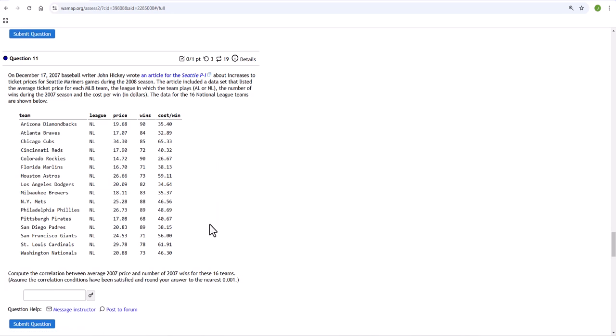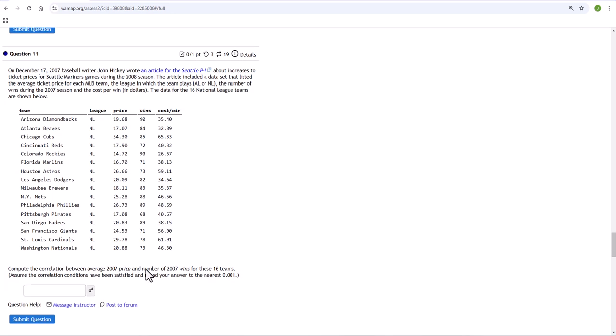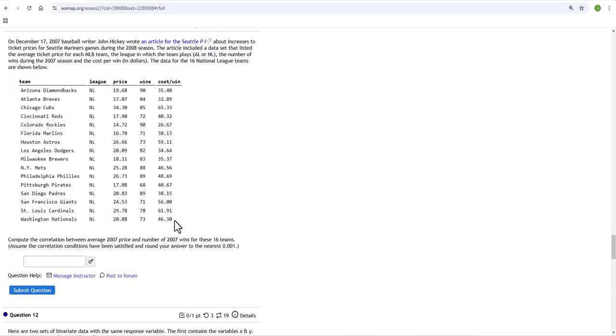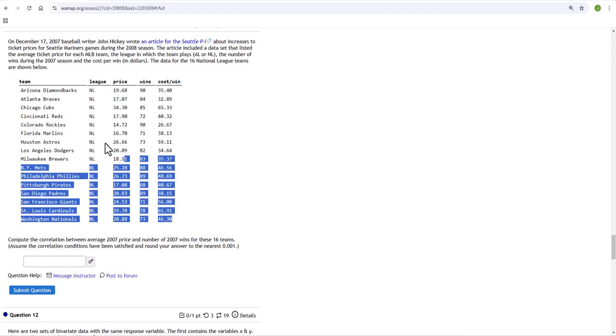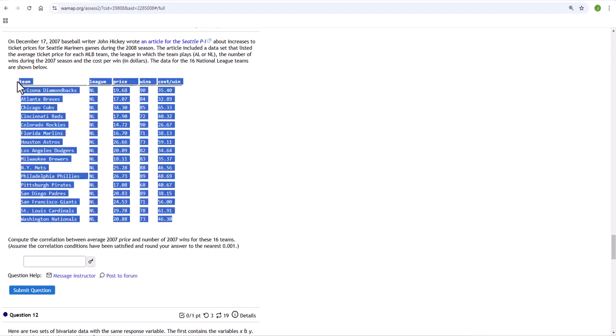The article included data on the league in which the teams play, American League or National League, the number of wins during the 2007 season, and the cost per win in dollars. The data for the 16 National League teams are shown. Compute the correlation between 2007 price and the number of 2007 wins for the 16 teams. Assume the correlation conditions are met, and round your answer to the nearest thousandth.